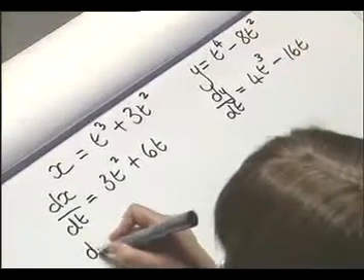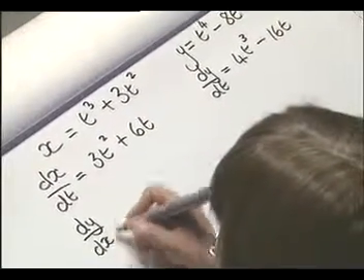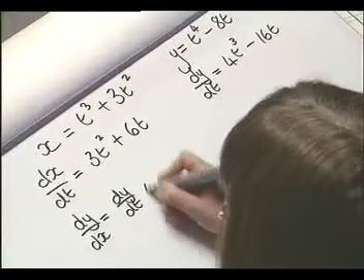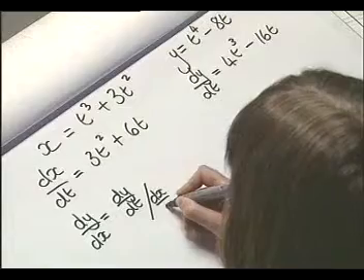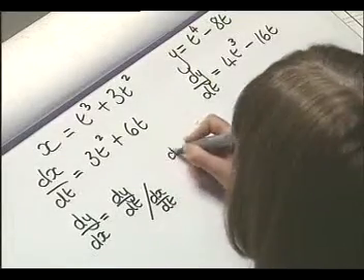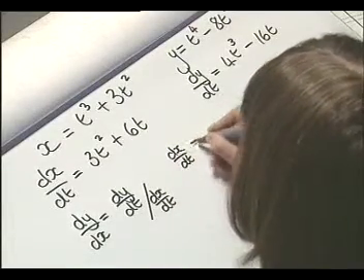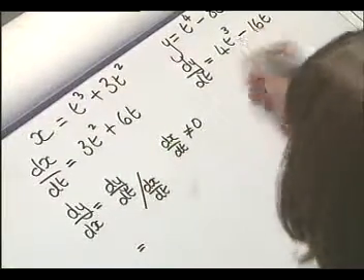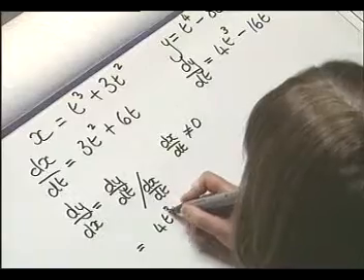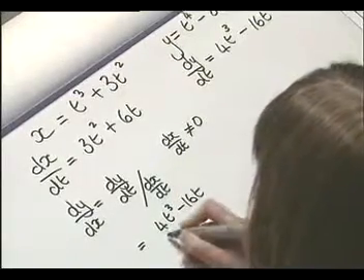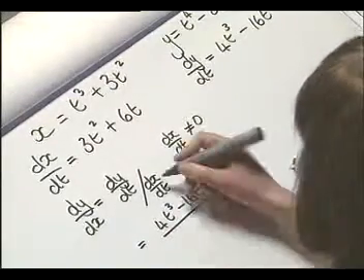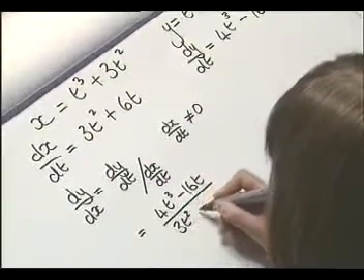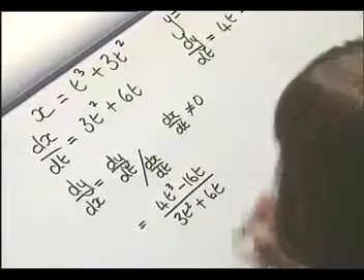Using the chain rule, dy by dx equals dy by dt divided by dx by dt, assuming dx by dt does not equal 0. So we get 4t cubed minus 16t divided by dx by dt, which is 3t squared plus 6t.